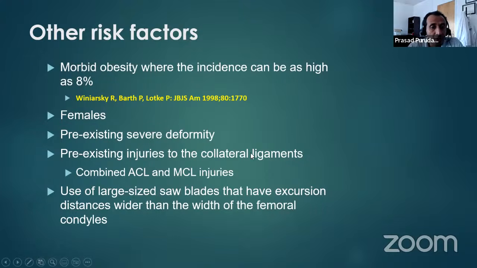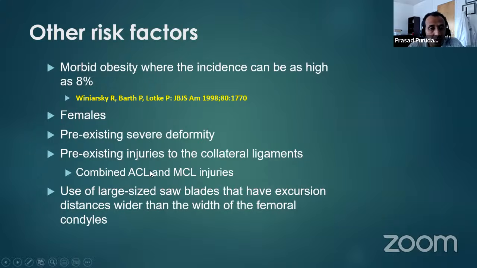Pre-existing injuries to collateral ligaments, for example, combined ACL and MCL injuries. In those patients who had ACL reconstruction done in the past, they probably had some injury to the MCL, which healed without surgery, and it is not as robust, not as good quality as a normal MCL.